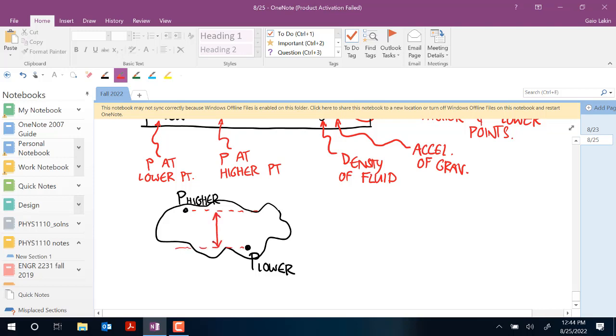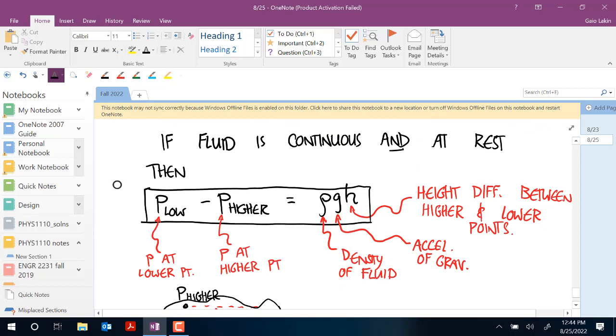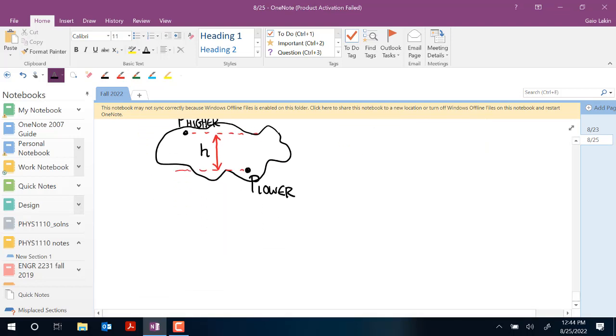And this is your h. Okay, how important are the two requirements of continuous and at rest? I mean, they're everything. This doesn't make any sense if you don't keep those in mind.